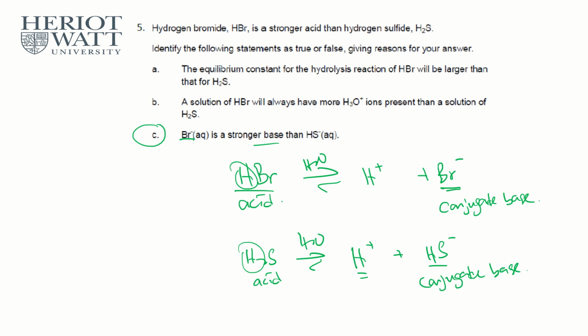To act as a stronger base, you must be able to accept a proton, because a base is a proton acceptor, right? Then we look at the backward reactions for both to know which one is a stronger base, which one has the ease of accepting a proton.